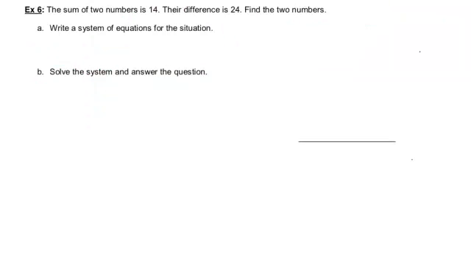Our last example says the sum of two numbers is 14. Their difference is 24. Find the two numbers. So first you're going to write a system of equations for the situation. So we don't know what these two numbers are that we are finding the sum and difference to. So we're going to call them x and y. So the sum of the two numbers is 14. Remember, sum means addition.